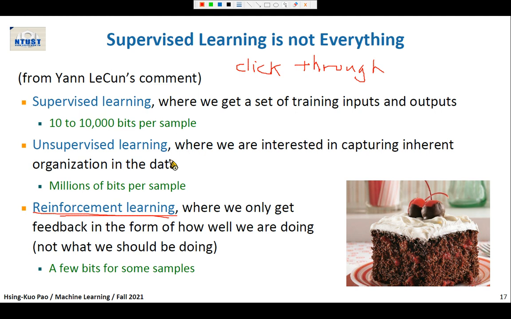Facebook paid more attention to deep learning. On the other hand, Google probably doesn't just work on deep learning; they work on many things. So that's all for this part. Maybe we can take a break right here.